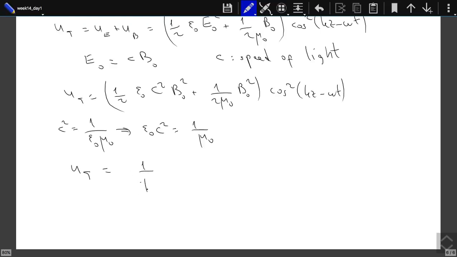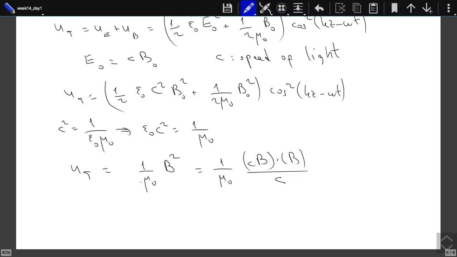This is 1 over mu 0 times b squared, because they are equal. Let's say this is equal to 1 over mu 0 times c times b times b divided by c.